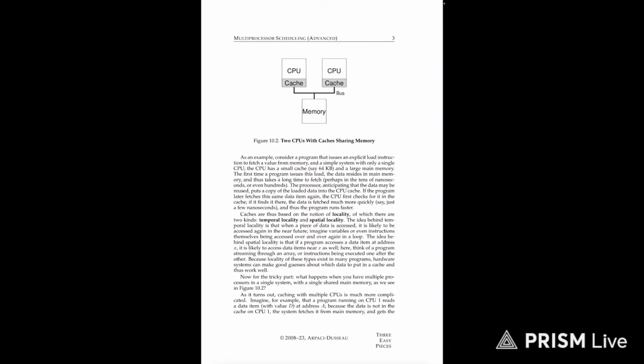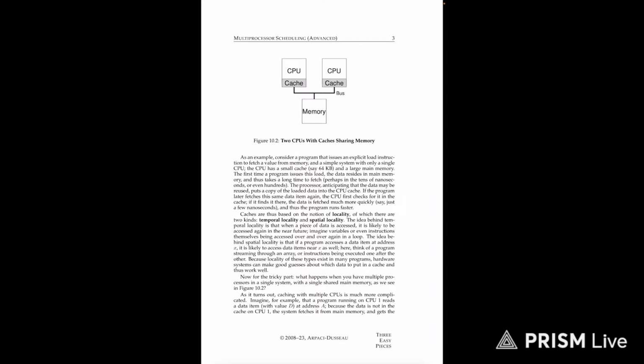Now for the tricky part: what happens when you have multiple processors in a single system with a single main memory, as in figure 10.2? As it turns out, caching with multiple CPUs is much more complicated.